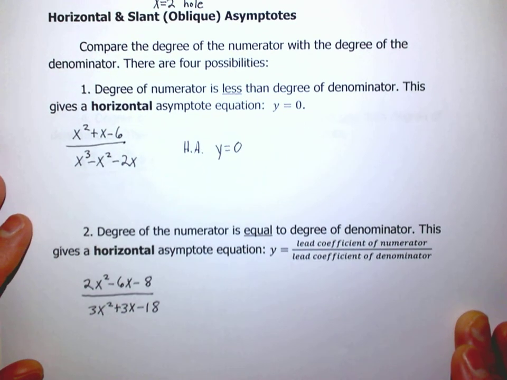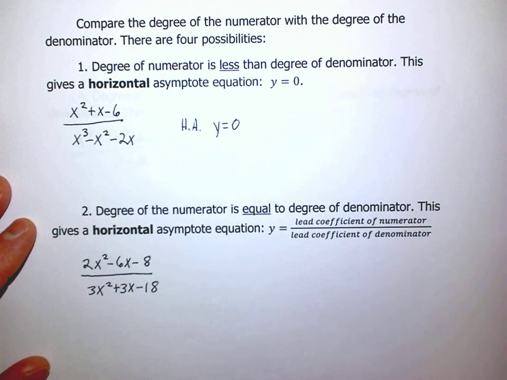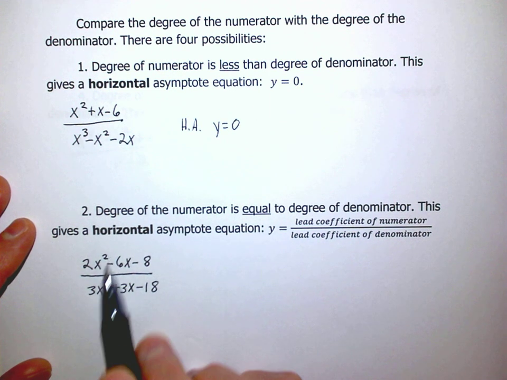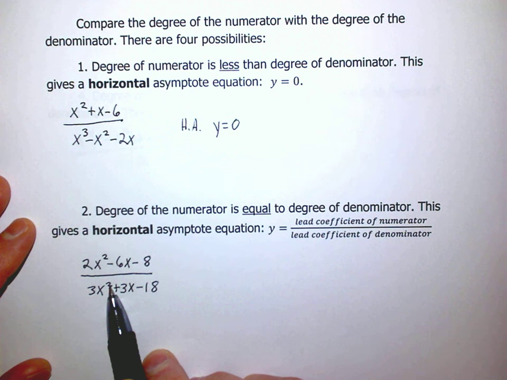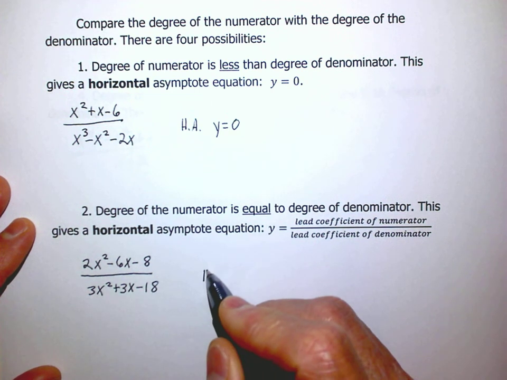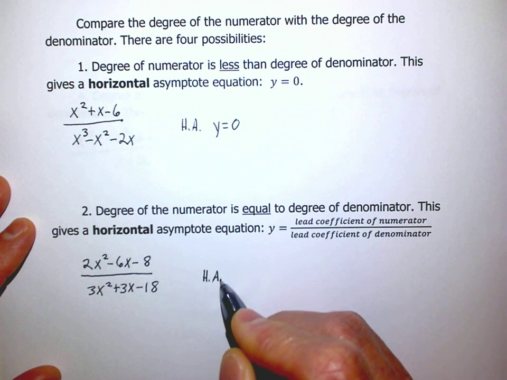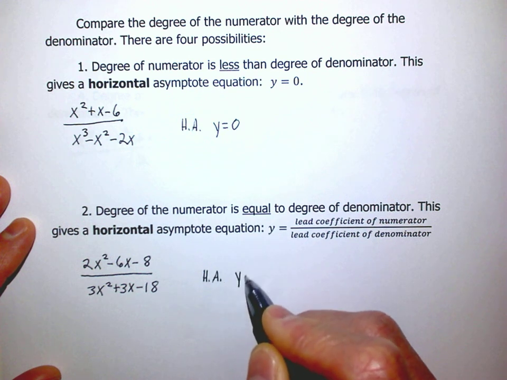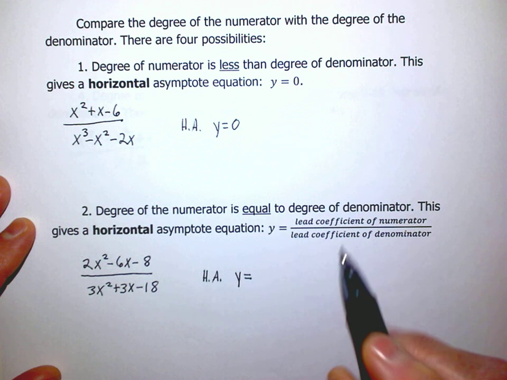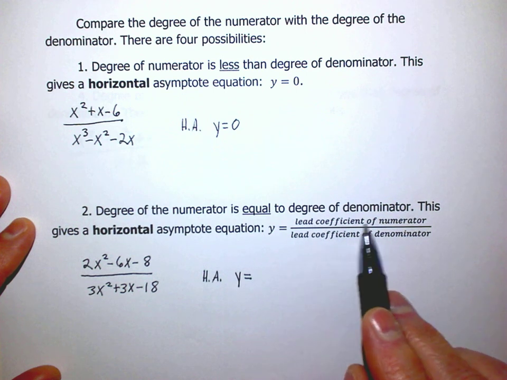Now we could have the degree of the numerator equal to the degree of the denominator. Then we will have a horizontal asymptote of y equals the lead coefficient of the numerator over the lead coefficient of the denominator.